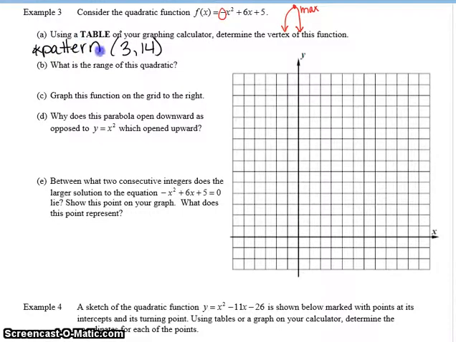The pattern means on your table, you want to start seeing where the y values start repeating. So if they're constantly going up or constantly going down, then you didn't find that pattern. So things should start repeating themselves. Okay, so (3, 14) is its turning point, and then we have a bunch of other points here.